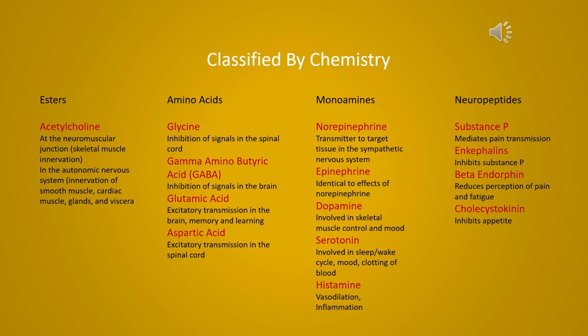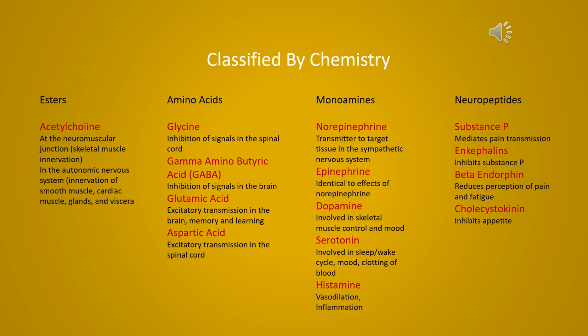So it has an inhibitory effect on cardiac muscle tissue, while at the same time it has an excitatory effect on skeletal muscle tissue. So that is true of all of the neurotransmitters. It isn't the neurotransmitter so much as it is the receptor that determines the response of the target tissue.